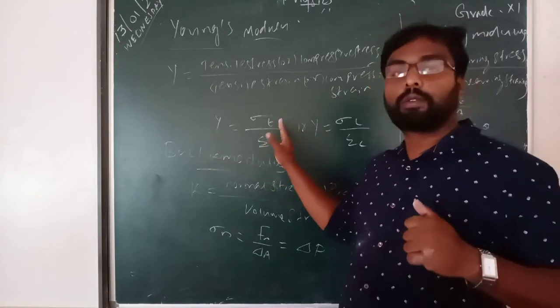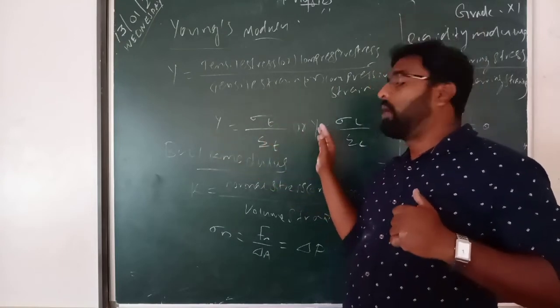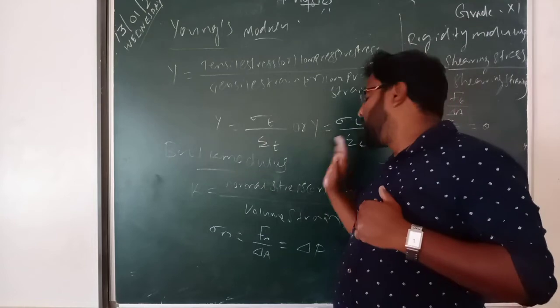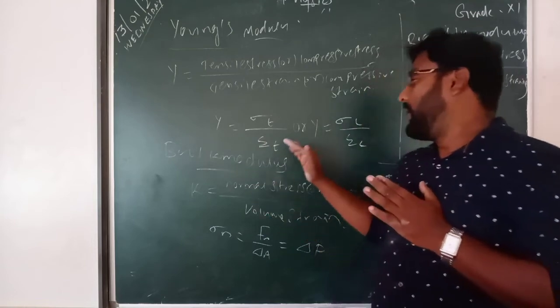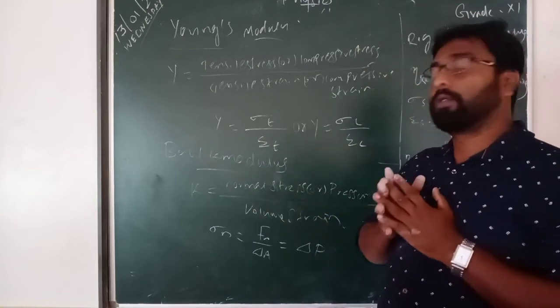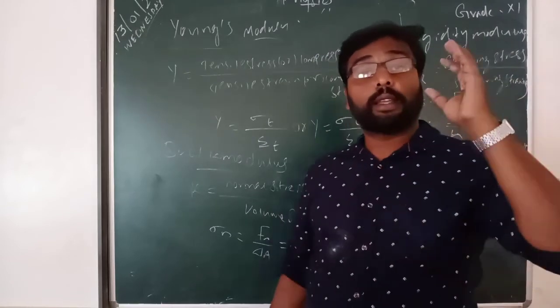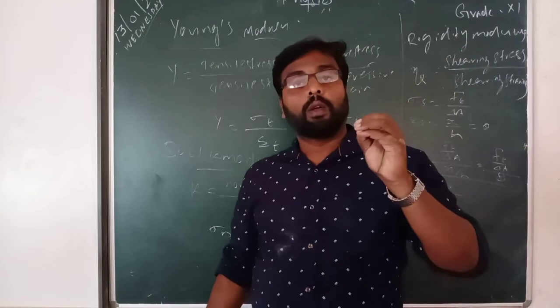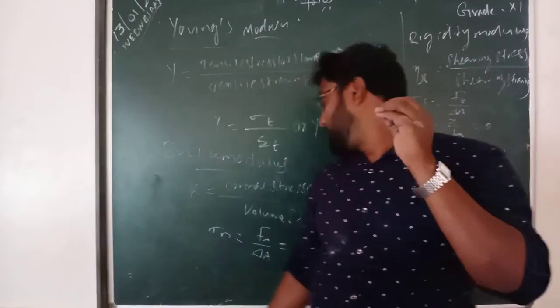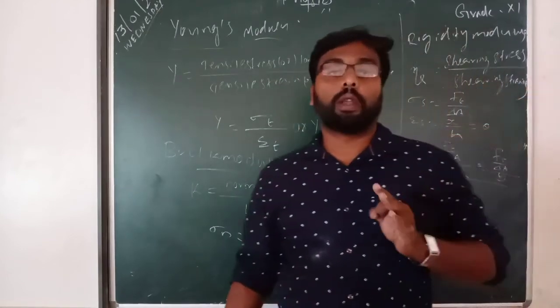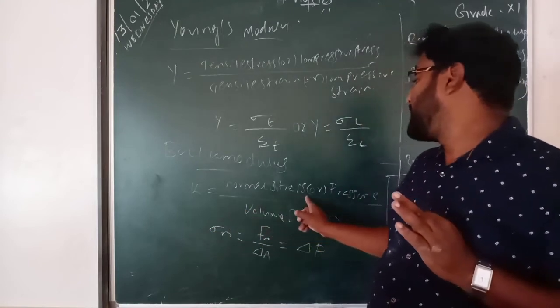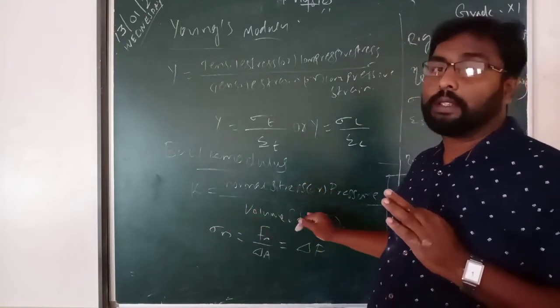Formula: Y is equal to sigma T by epsilon T, or Y is equal to sigma C by epsilon C. Now, bulk modulus K is equal to normal stress or pressure by volume strain. So the ratio between volume stress to volume strain. Volume stress can be written as normal stress or pressure.